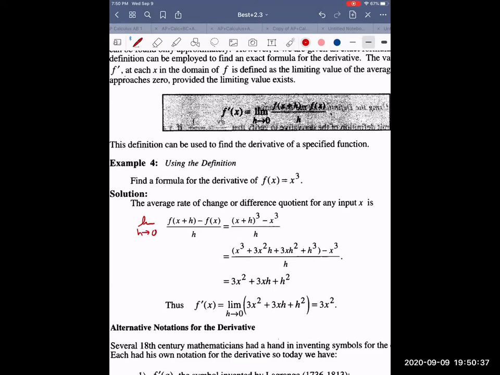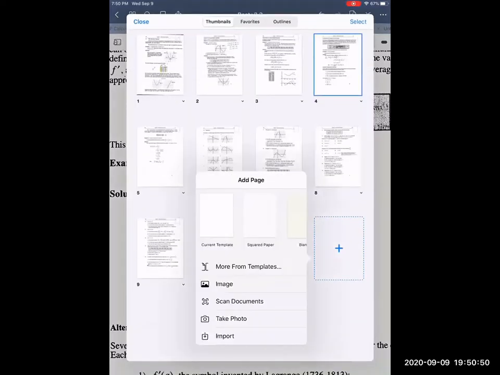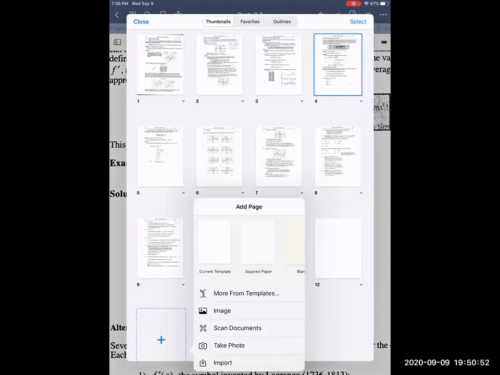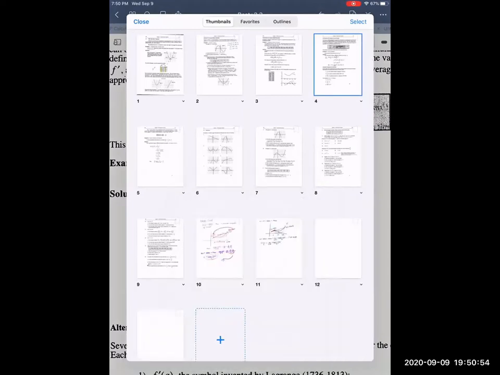So when we figure out what x plus h cubed is, because remember this is x cubed, I'm going to plug in x plus h everywhere. Let's do it, actually. Let's do this one. And then I think I'm going to have to take a little rest.